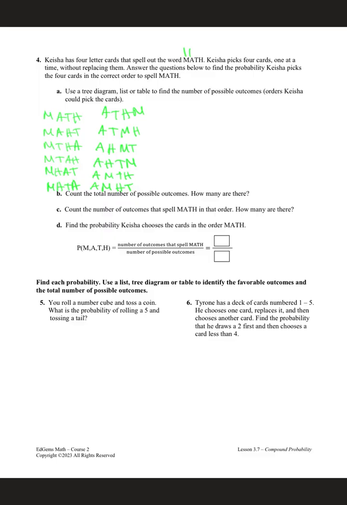So all of the letter combinations I can make with the T. So T, H, M, A, T, H, A, M. Then I'm going to go T, M, A, H, then T, M, H, A. What letter do you think is going to come next?